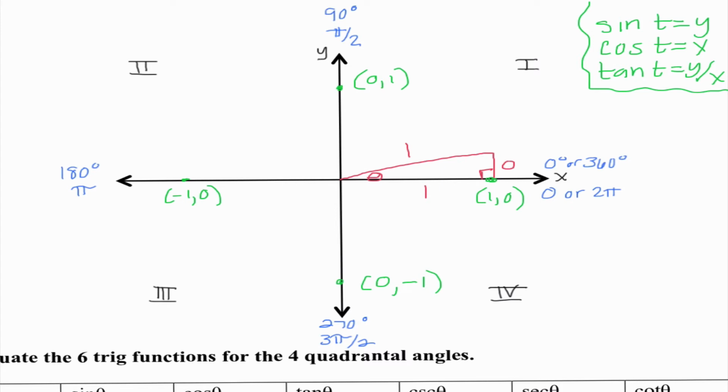Now, for our next one, I'm going to put the point up here a little bit and draw it like this, and here's theta, because this time I'm not moving right or left at all, and I'm just moving up 1. So I can see this time my opposite side is 1, my adjacent side is 0, and my hypotenuse is 1.